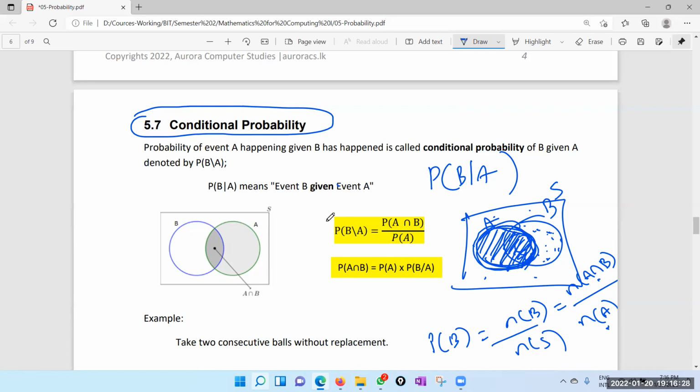So therefore, we get the conditional probability as probability of B happening given A is probability of A intersection B divided by probability of A. So that is the formula.